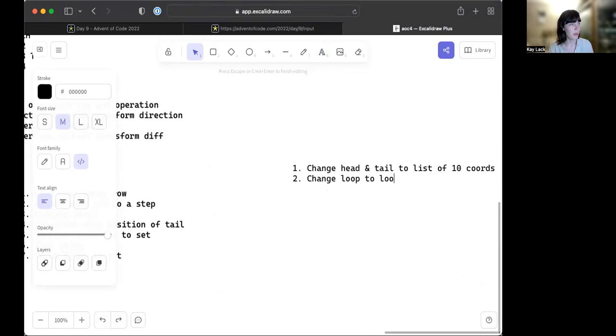Change loop to loop over, or add an inner loop to loop over chords, pairing 0 and 1, 1 and 2, and etc. Recalc, you win. Okay, I think I'm going to do it.